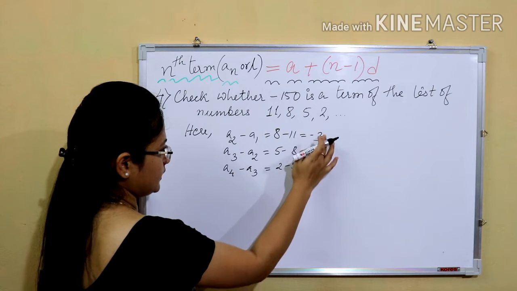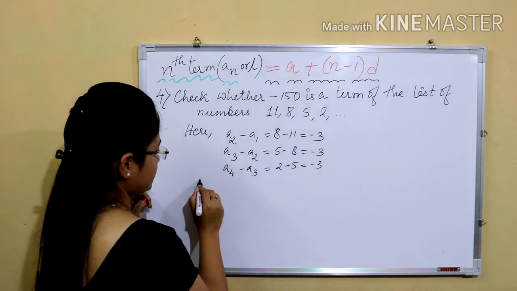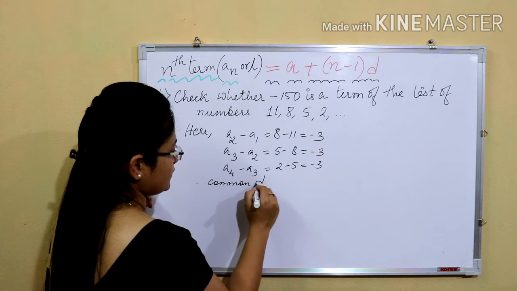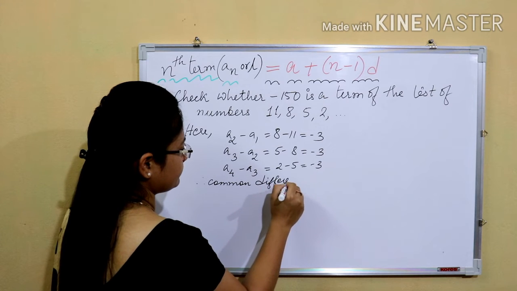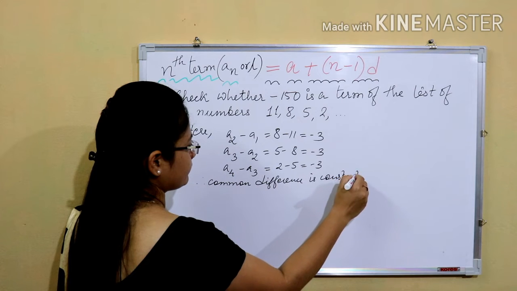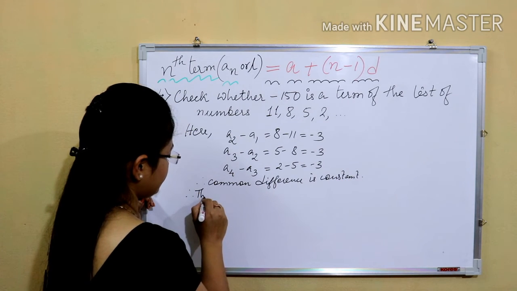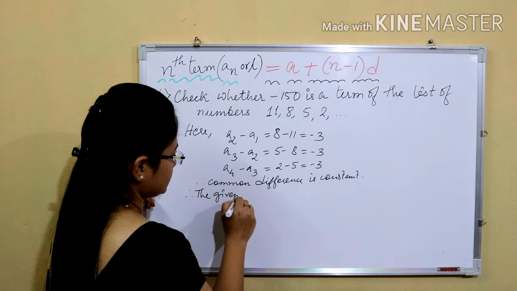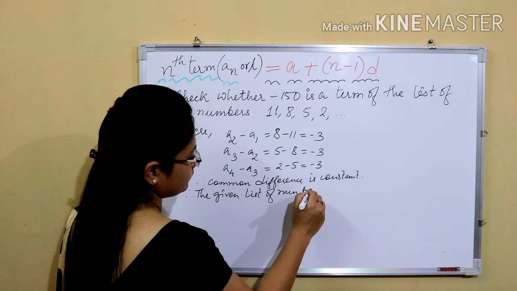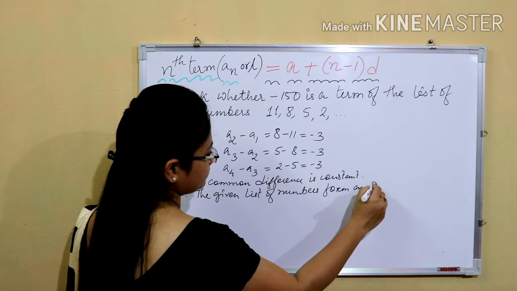So we can see that the common differences are the same everywhere. Therefore the common difference is constant. If the common difference is constant, the given list of numbers forms an AP.